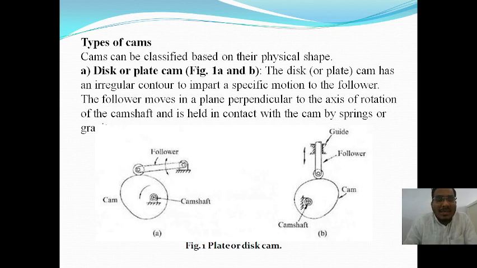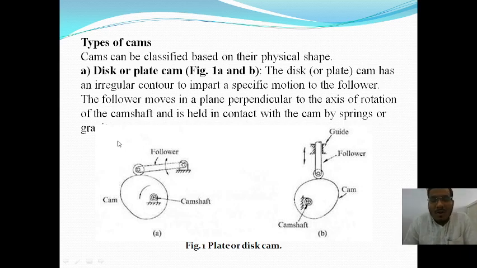First one is the disc or plate cam. Here the disc or plate cam has an irregular contour to impart a specific motion to the follower. The follower moves in the plane perpendicular to the axis of rotation of the cam and is held in contact with the cam by springing or gravity.